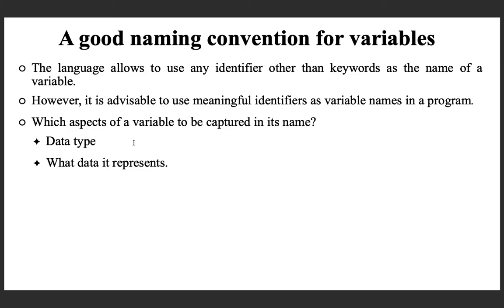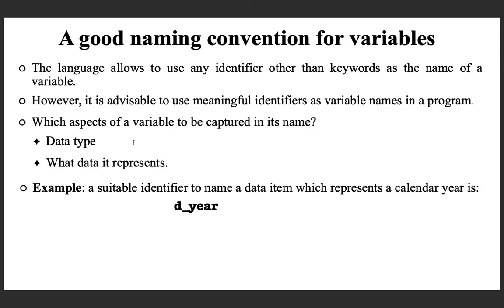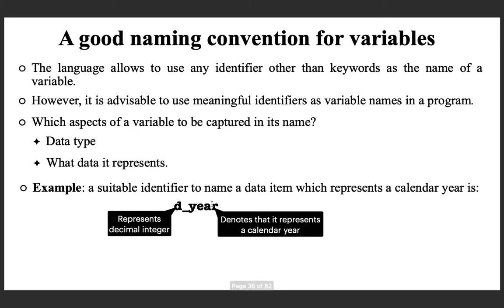Maybe it is representing the calendar year. You have to give a variable name which represents these two facts. For example, a suitable identifier to name a data item which represents a calendar year is D_year, where this D represents that it is a decimal integer variable, and this part represents that it denotes a calendar year. So this is a meaningful variable name.